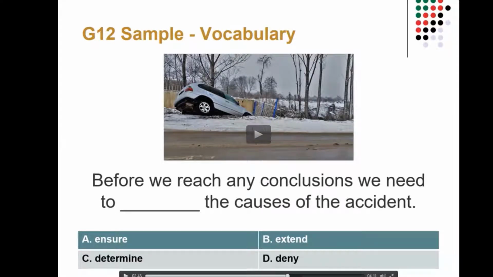Make sure you read it correctly, because if you make any mistake reading a word, it may change the meaning. For example, before we reach any conclusions, we need to what the causes of the accident? Again, read carefully. We need to ensure the causes, extend the causes, determine the causes, or deny the causes.